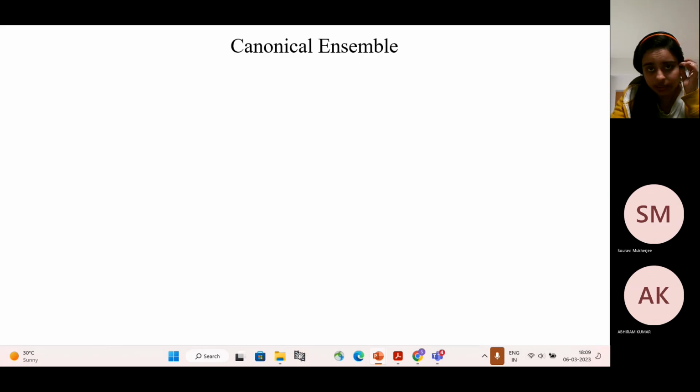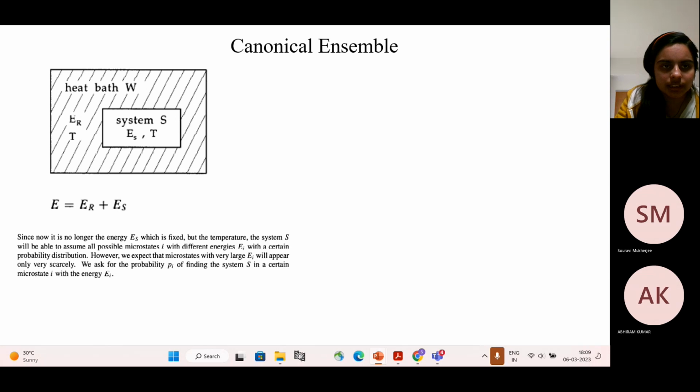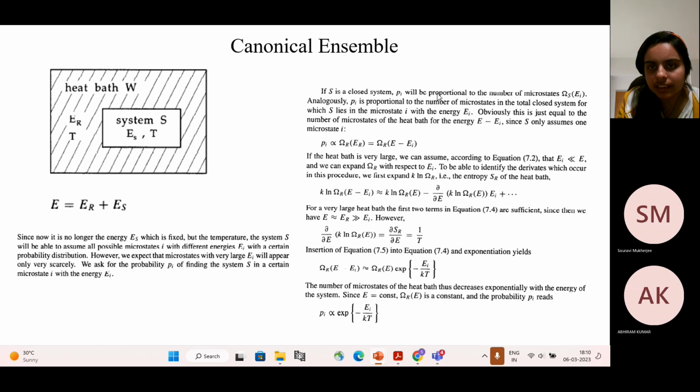Regarding the canonical ensemble, the system has some energy Es, and there's a heat bath which has some energy Er, and there can be exchange of energy between the two. We want to find the probability of finding the system S in a certain microstate i with energy Ei, and that is proportional to the number of microstates omega S for a particular energy Ei.